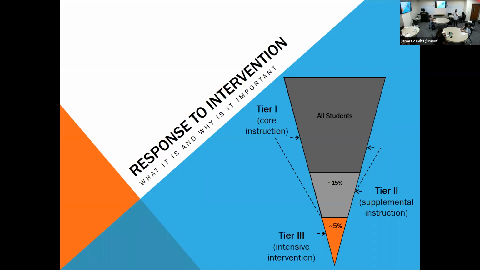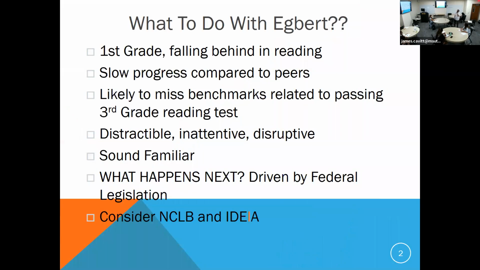So as we walk through the RTI process, let's look at Egbert. We have Egbert here. He's in first grade. He's falling behind in reading. His progress is slow. It's very much like I talked about Steve there on the board.